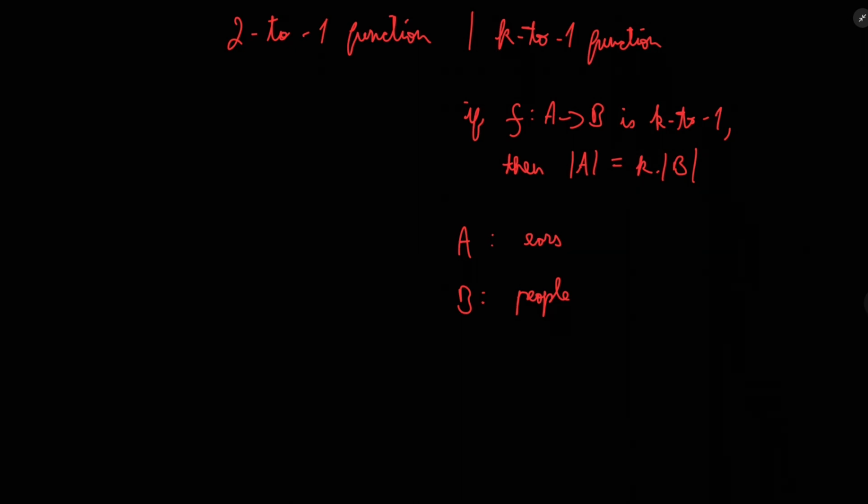And since this is a k-to-1 function, or more precisely a 2-to-1 function, we know that the size of ears, so the size of A, equals 2 times the size of people.